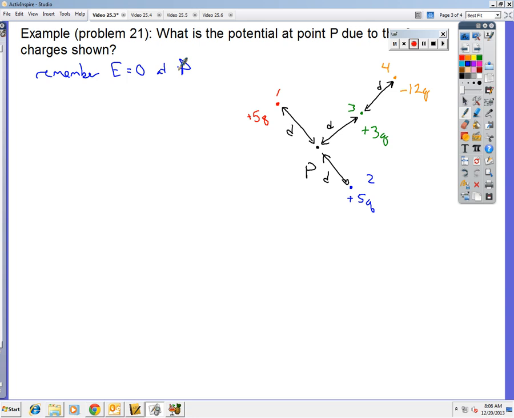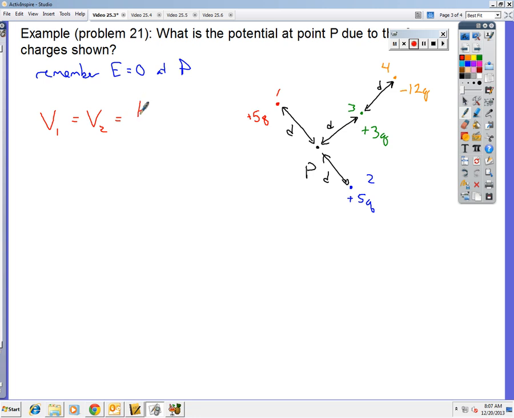So will potential be 0 there as well? Now, the first thing we have to do is find the potential due to the first charge up here, which, because it is the same charge and the same distance from point P as charge 1, produces the same voltage.